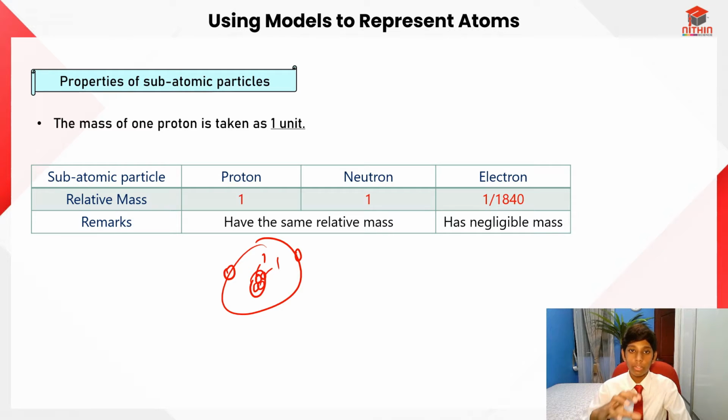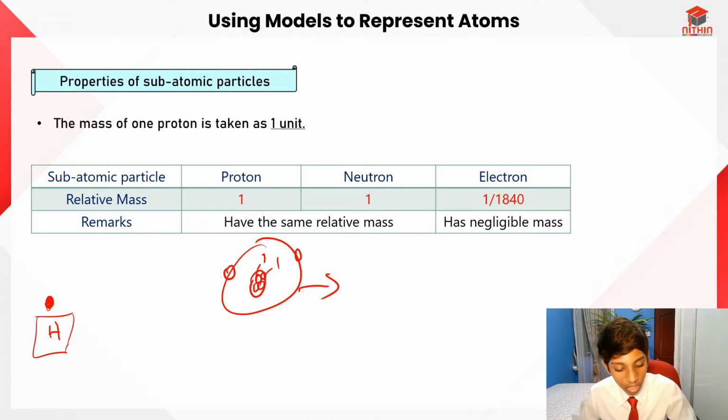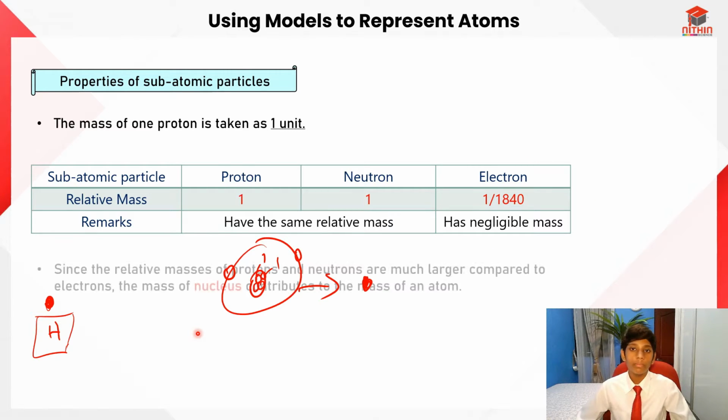So when we look at the mass of the atom, for example hydrogen, it has a mass number in the periodic table. Let's just take this as the mass number. So this atom's mass is this symbol. The proton plus the neutron is this mass over here. That's what you need to understand. I hope you understood that, and I'll go through this more in depth later. Let's move on.